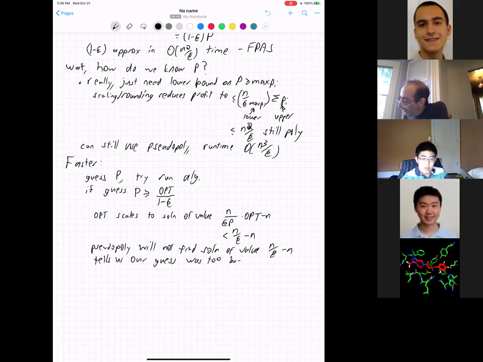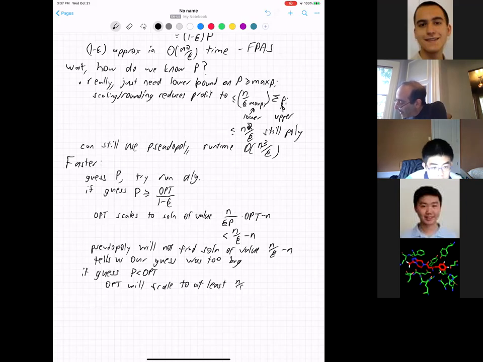On the other hand, if I guess a p which is less than the optimum, then opt will scale to at least n over epsilon minus n. So a solution of this value will exist.